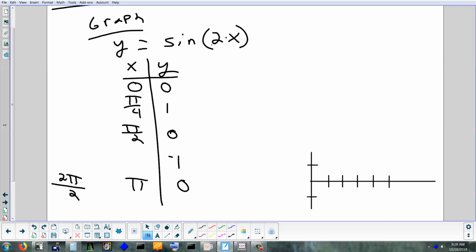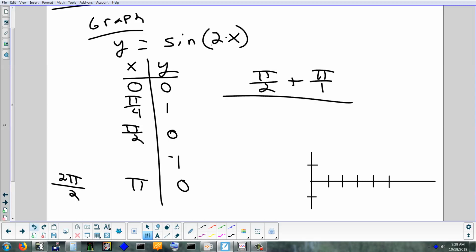Could you multiply pi by 3/4? Yes, you could multiply it by 3/4 because you know this is the full cycle, and right there is 3/4 of the way through the cycle, so it's 3 times pi over 4. Or if that's kind of confusing and you want just a method with averaging, take pi over 2 plus pi.